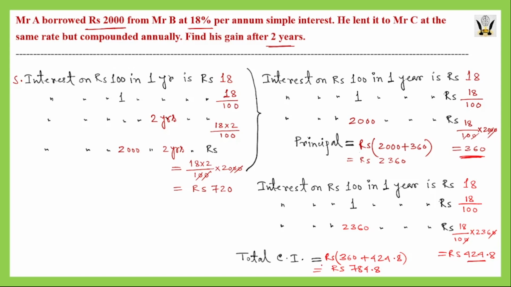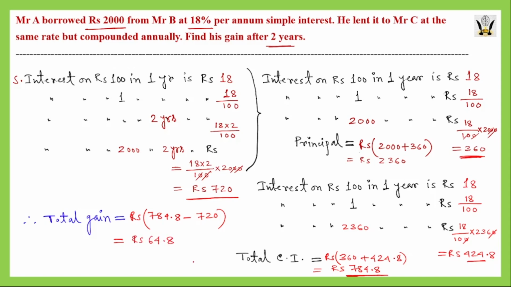So this much, 784.8, is the total compound interest after 2 years that Mr. C will pay to Mr. A, and this much is the total simple interest after 2 years that Mr. A will pay to Mr. B. So Mr. A is receiving this much amount, 784.8, as interest from Mr. C, and he is paying this much amount to Mr. B. So definitely he is in some gain. And how much will be that amount? Rupees 64.8. So this is how we simplify the problem sums based on simple interest as well as compound interest.